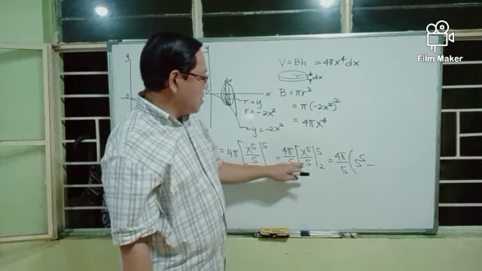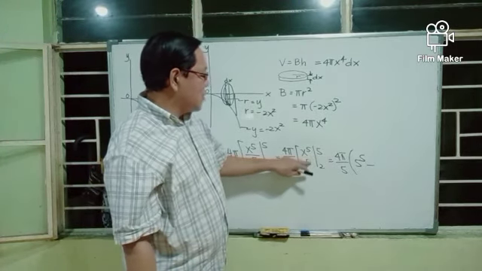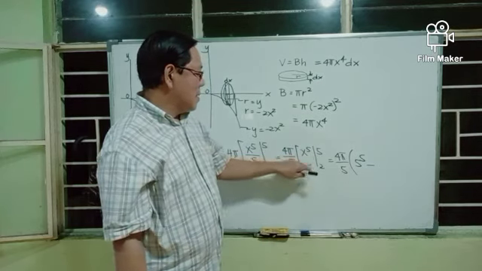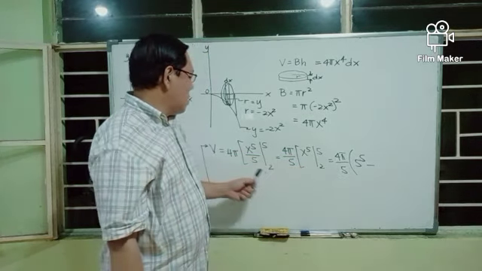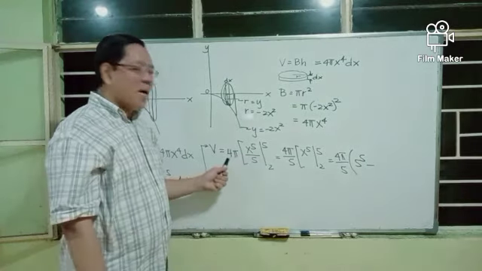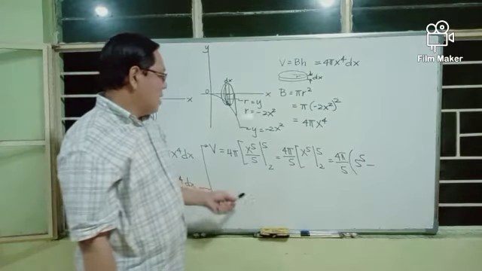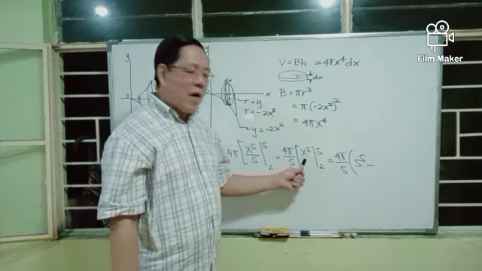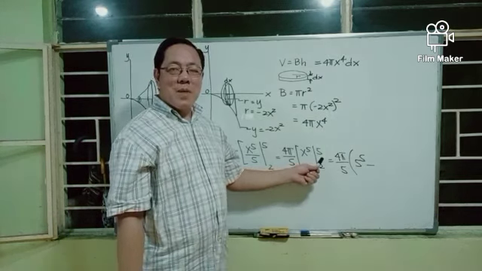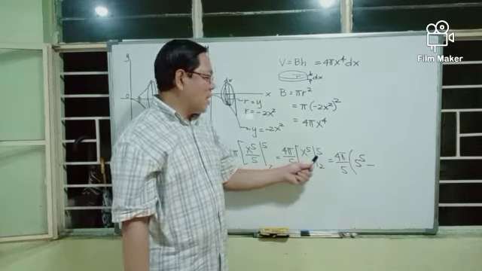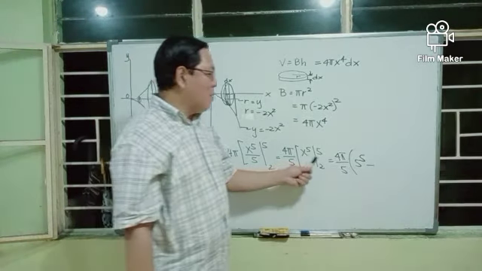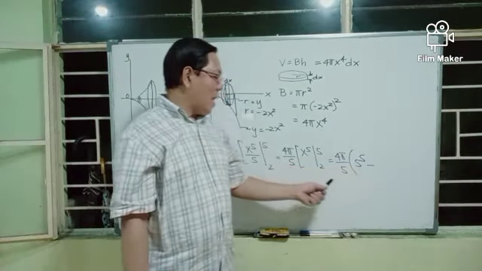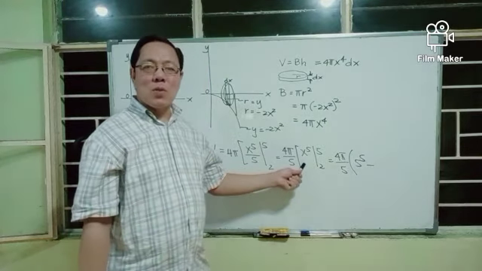Sorry, this should be x raised to 5 only, because we have already multiplied 1 over 5 by 4 pi. So we are only evaluating x raised to 5 from 2 to 5, beginning with x equals 5. When x is 5, you get 5 to the power 5, minus when x is 2, you get 2 to the power 5.